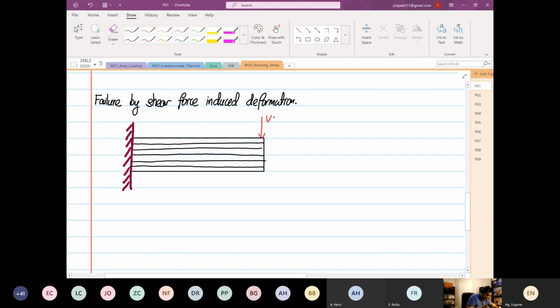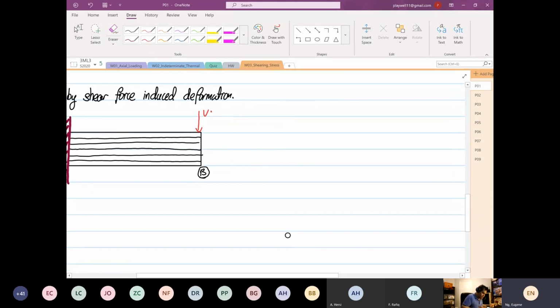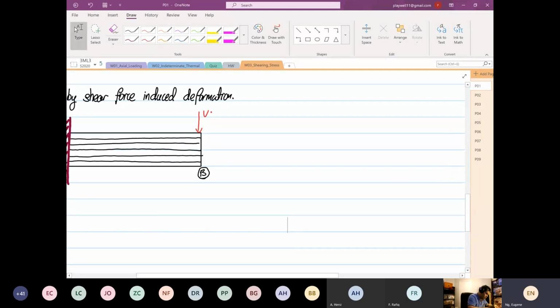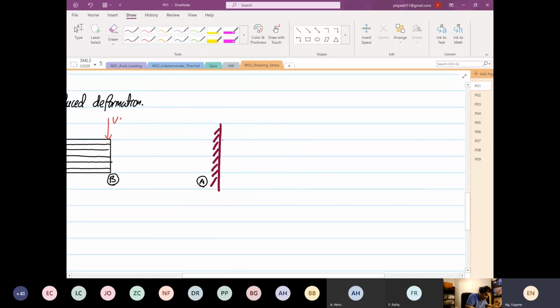So when the shear force at point B is applied, the structure will deform. I'm going to draw the structure that's deforming now. So again, built in. Over here, this is point A. So the structure will deform in this manner.